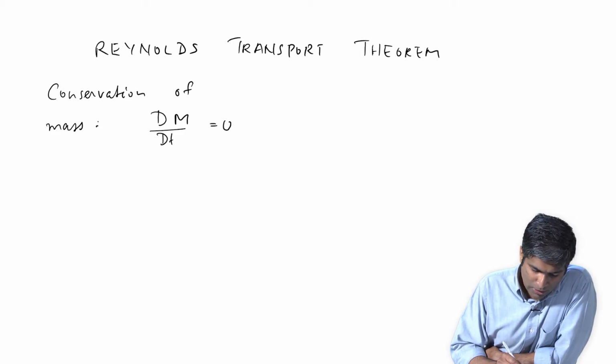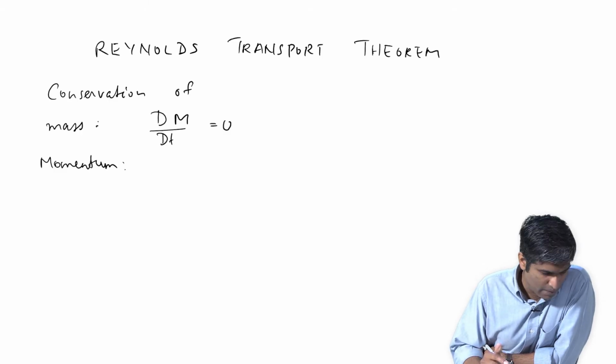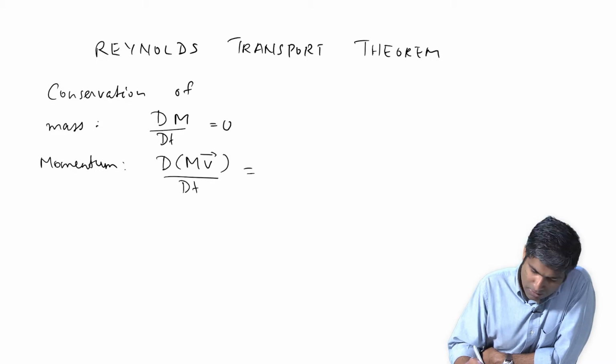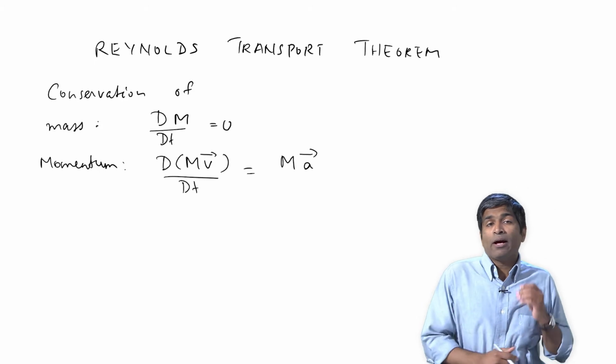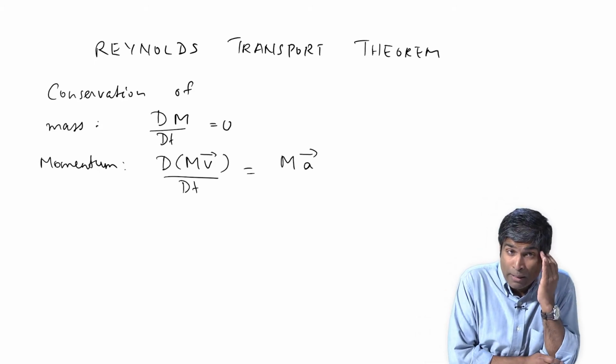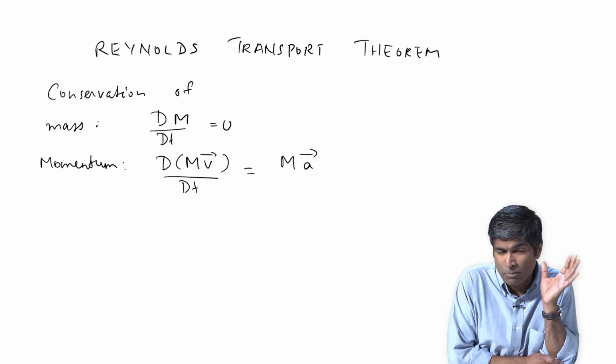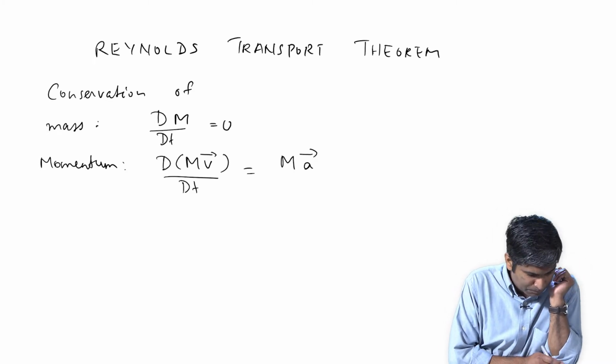If I am looking at the momentum of a particular set of particles of fixed identity, I could write D(mv) by Dt is equal to ma, where again I am writing the capital D just to signify that this is for that particular mass at that instant of time.